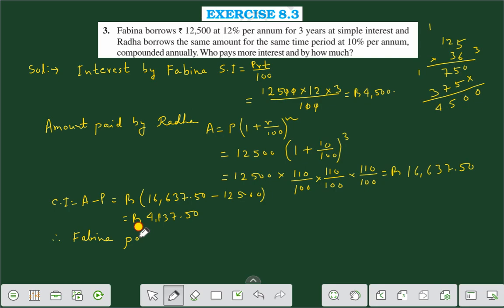Favina pays rupees 4,500 minus rupees 4,137.50, that is equal to rupees 362.50.